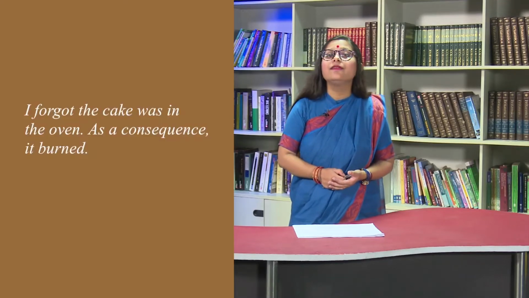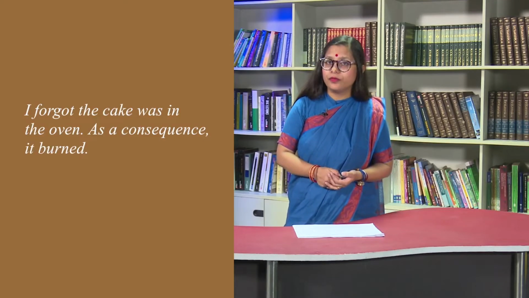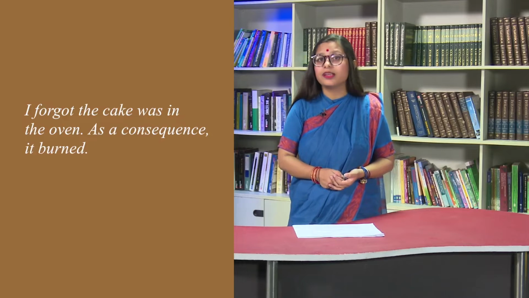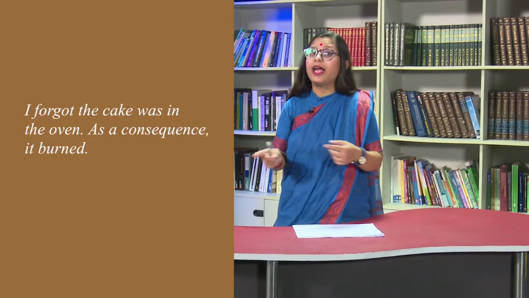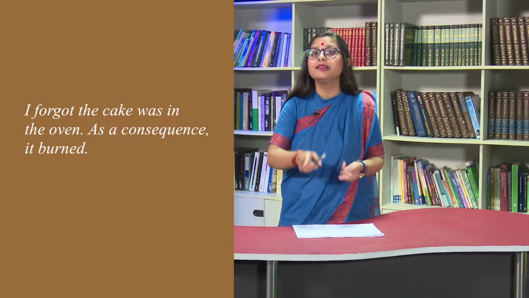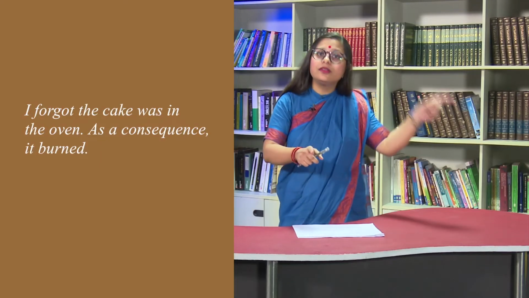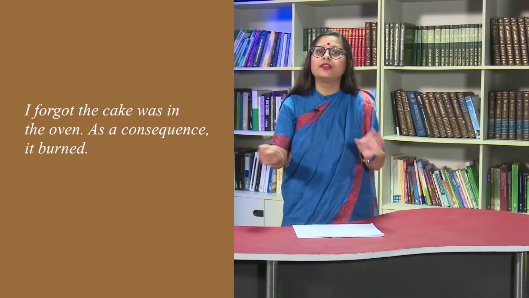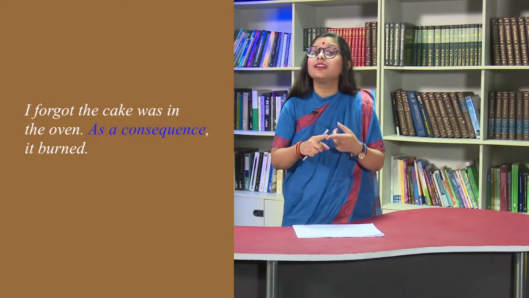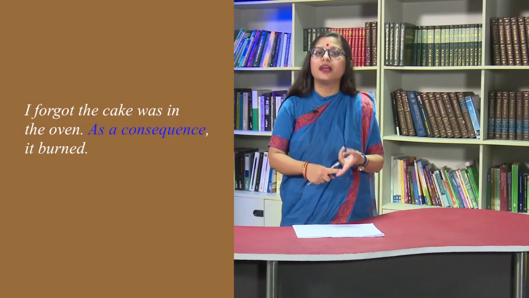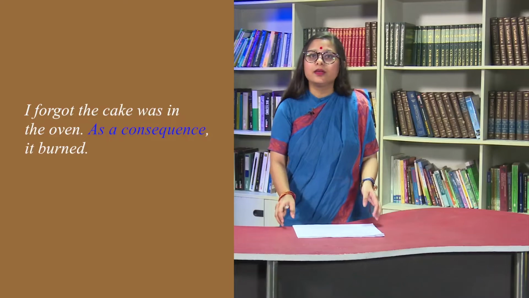Now I am going to give you two examples to make things more clear. Okay. I forgot the cake was in the oven. As a consequence, it burnt. I forgot the cake was in the oven; as a consequence, which means as a result or because of that, it happened. So, as a consequence in this sentence is working as a connector or as a linking word.